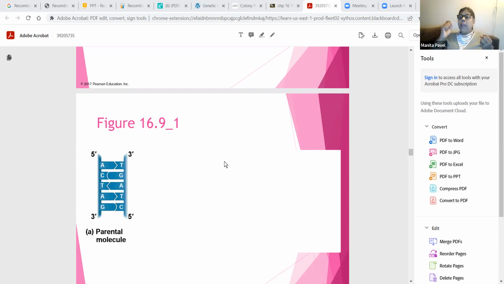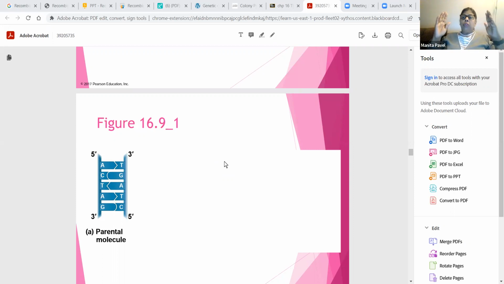In the first step, the 2 strands of the double helix are going to separate out. These original strands are called the parent strands. Which enzyme is going to help in the uncoiling and separation is DNA helicase. So DNA helicase is going to separate out the 2 strands of the double helix. 5 prime, 3 prime, original parent strand, 3 prime, 5 prime.